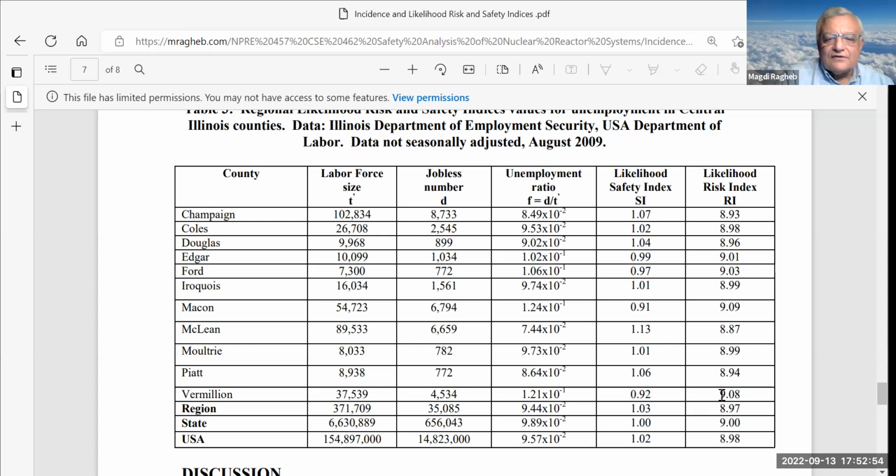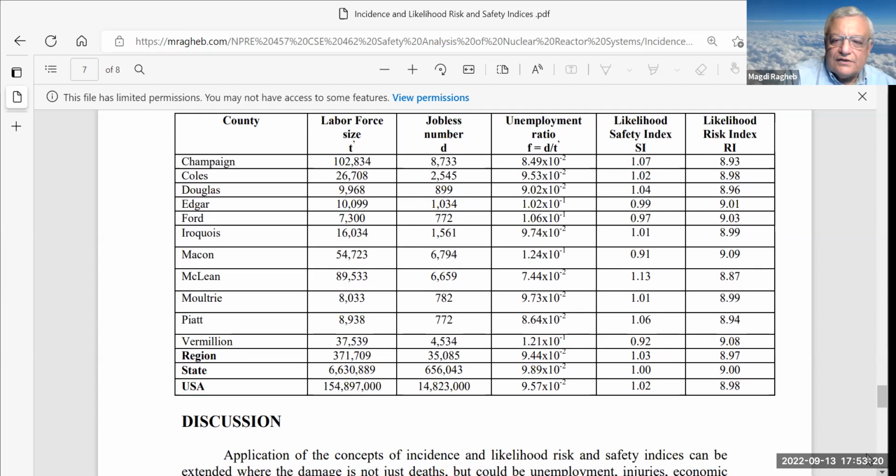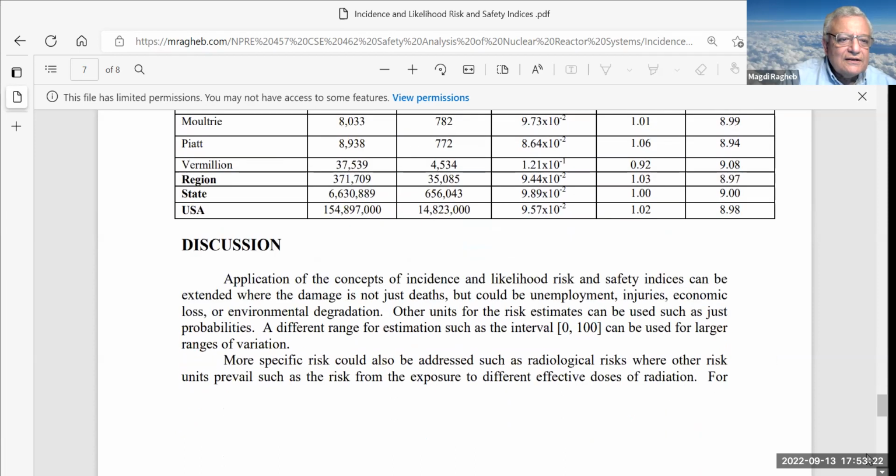So in that case, there is a higher risk of unemployment in Vermilion County than Champaign County. And according to the likelihood risk factor, or the likelihood safety index, you allocate your funds to the location that needs the higher level of help in terms of retraining and education to provide jobs in general.